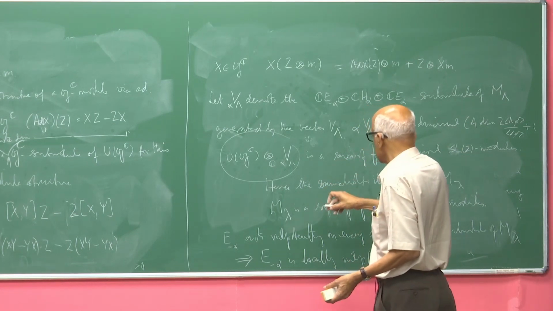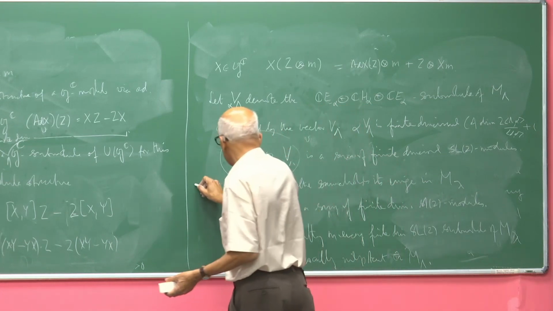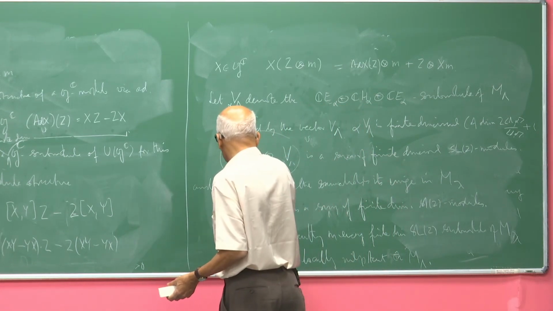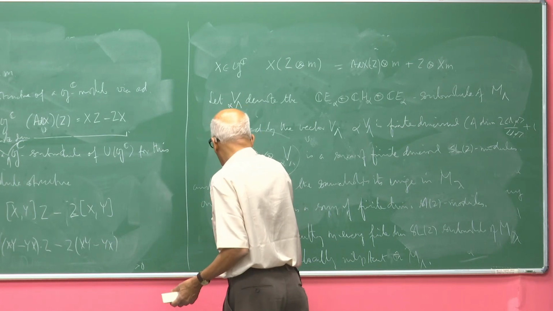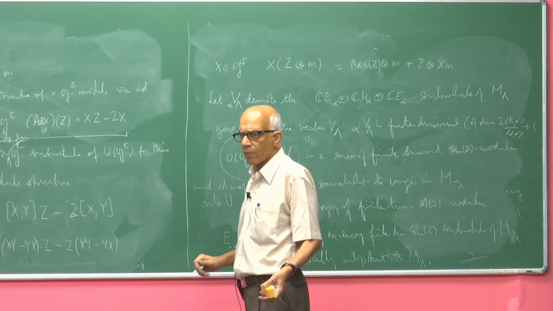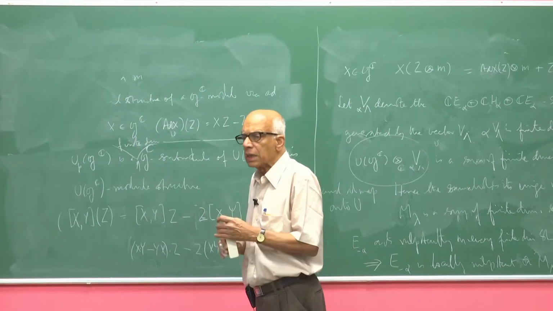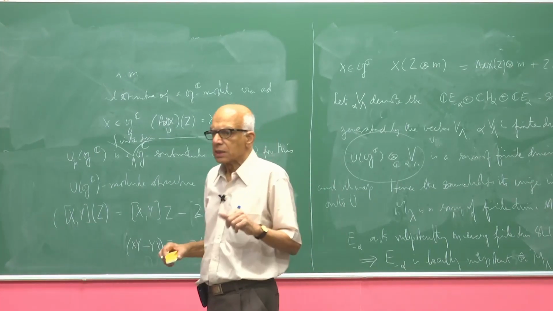Typically, one would have taken the left multiplication, but you are treating this not as a left UG module, but as an adjoint action. Right.